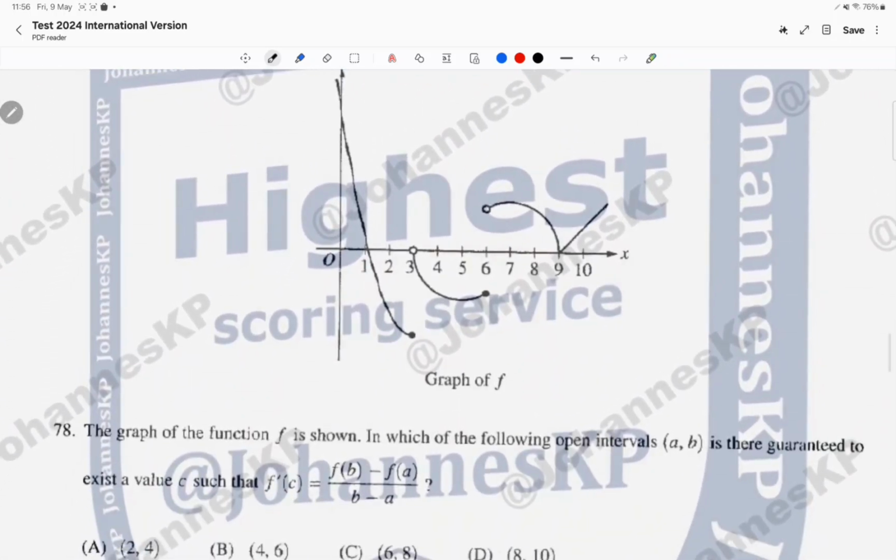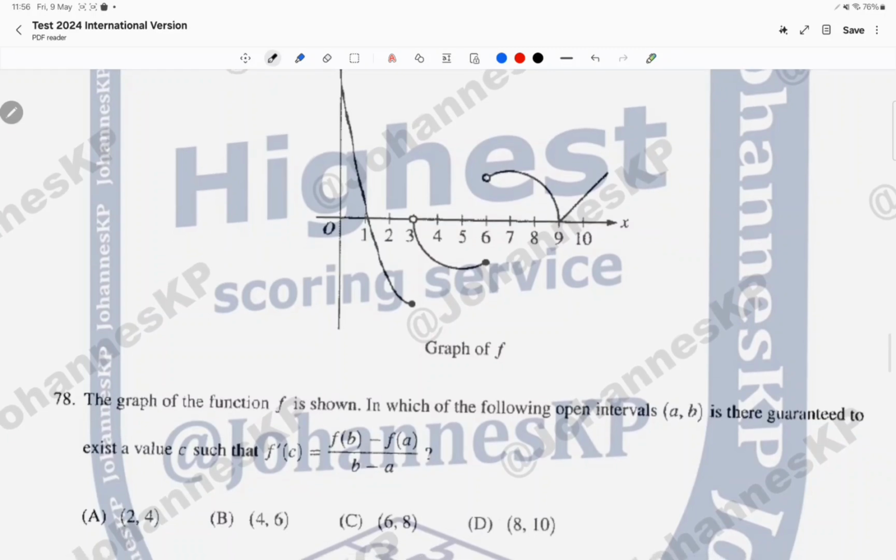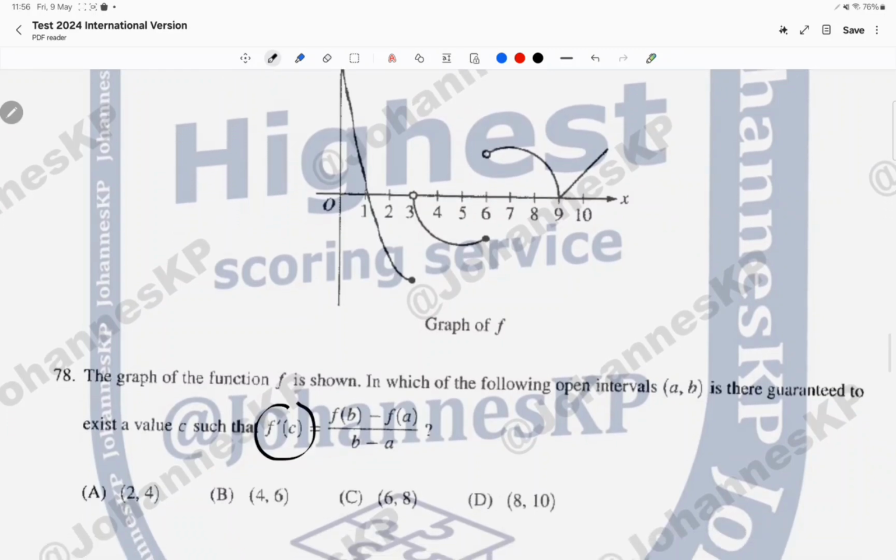78. Do you know what this means? This means differentiable. So there is no hole and there is no discontinuity.